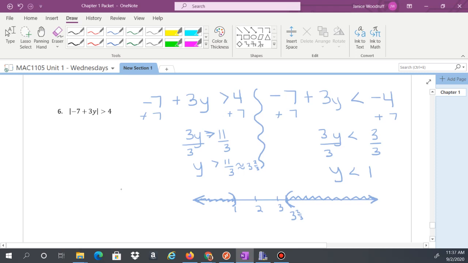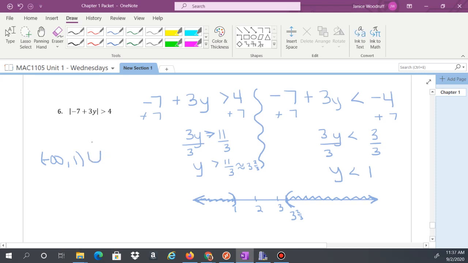Then for interval notation, you've got two different ones. You have negative infinity to positive 1, with a parentheses, then comma, or actually, I don't know if we're using comma. We might be using the union symbol. You might see that.